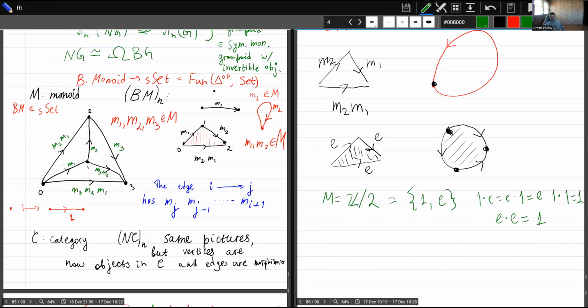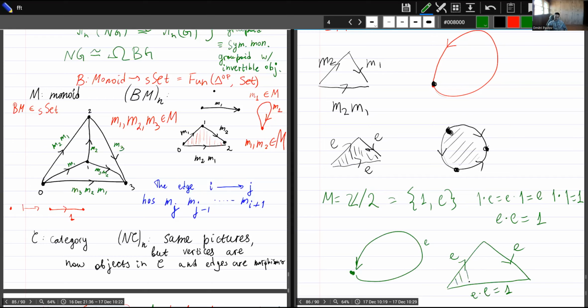And how would the pictures change? Well, the initial stages of the construction will be the same. You still have a single vertex and a single one-simplex, but now the two-simplex is going to be different. The only non-degenerate two-simplex will have the non-trivial elements e and e here, and here you will have their product, which is a neutral element.